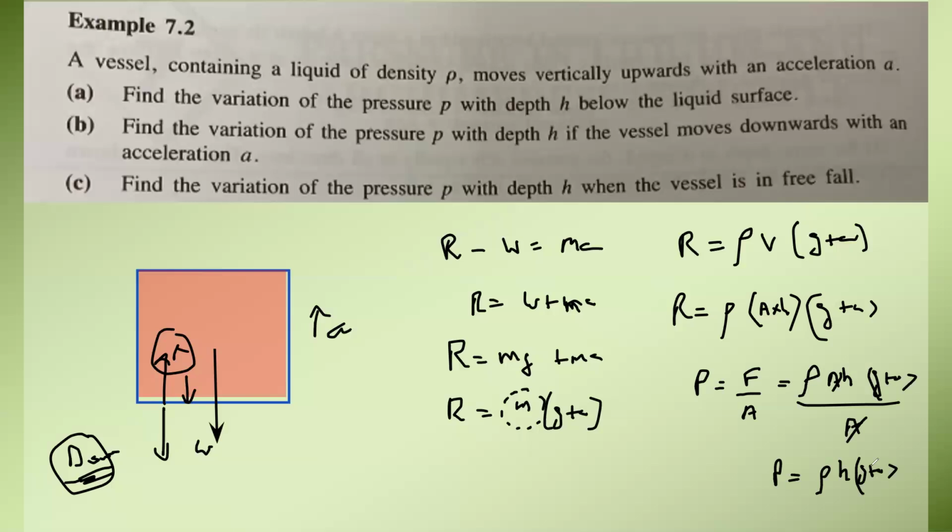So what actually happens in this case, if the vessel is accelerating upward? There will be more downward force, and as the downward force increases, the pressure exerted by the fluid will also increase. So what will be the variation of the pressure? If it is accelerating upward, the pressure will increase for the same depth.